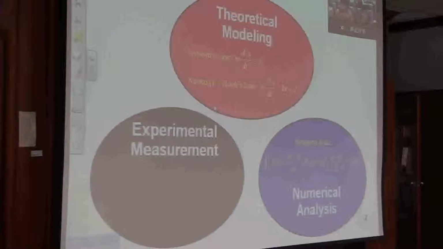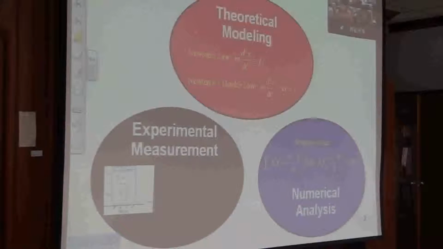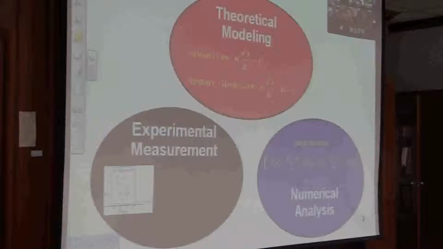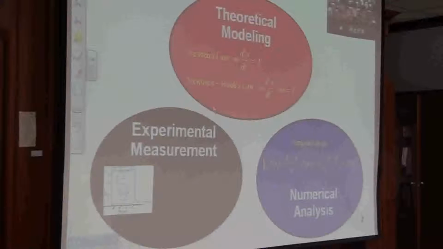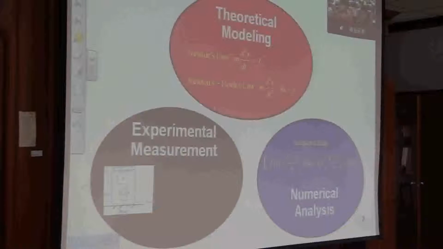The second component of control is experimental measurement. So to control something, we need an object to control, and we need experimental or actual data to work with.